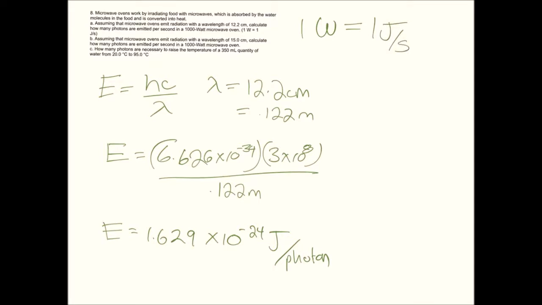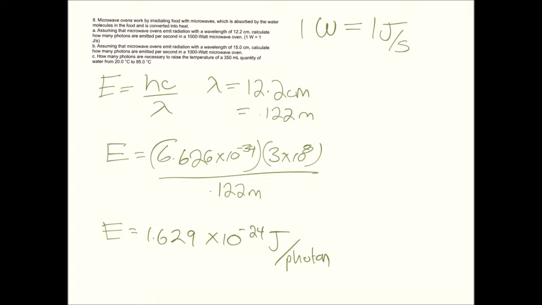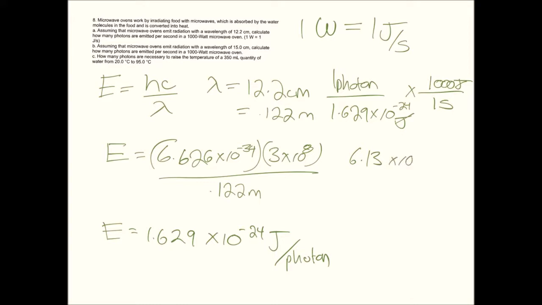So now we can say that one photon emits 1.629 times 10 to the negative 24 joules, and if we divide 1000 joules emitted per second in the microwave by that, our units will cancel out and we'll get photons per second, and here we get 6.13 times 10 to the 26 photons per second, which is our final answer for part A.